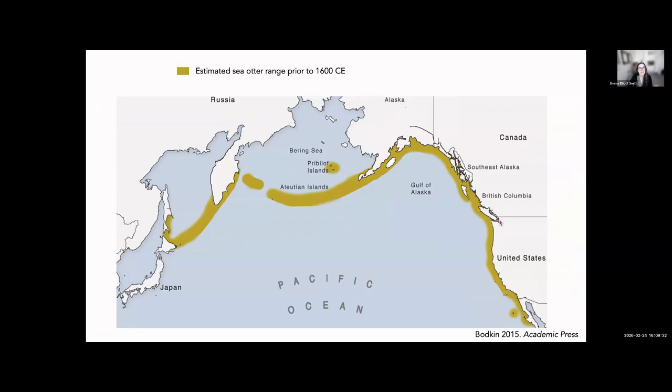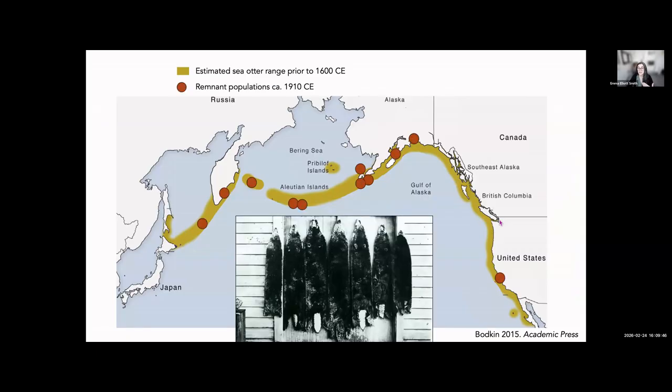But despite this millennia of harvest by indigenous communities, until the 1600s, sea otters were found nearly contiguously from Japan all the way down to Baja California, as you can see in this yellow band here. But then during the maritime fur trade era of the 1700s and 1800s, their remarkable fur became a global commodity and sea otters were hunted to the brink of extinction.